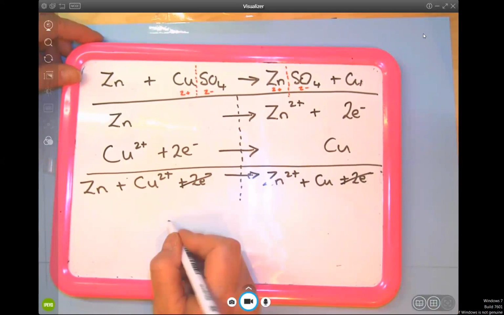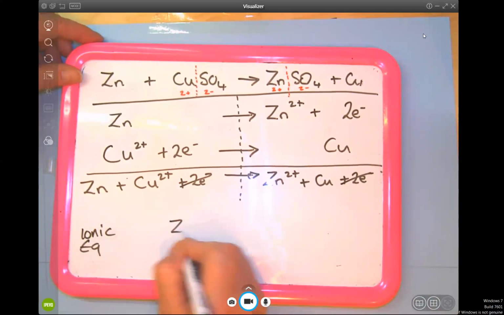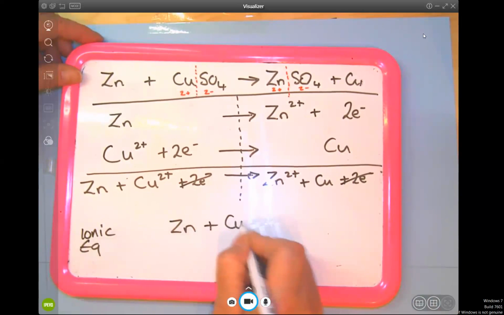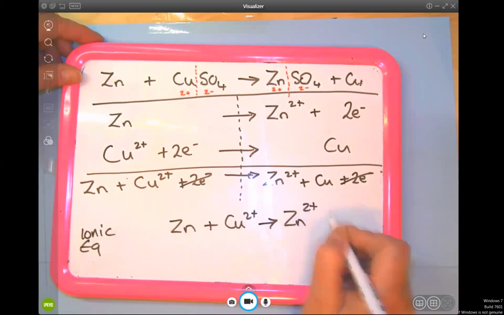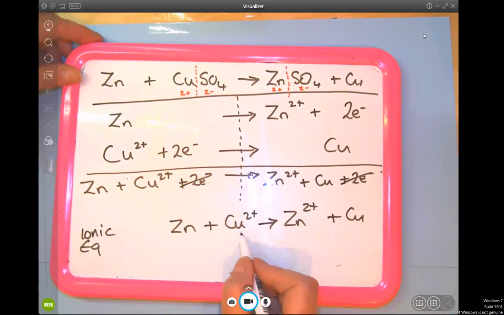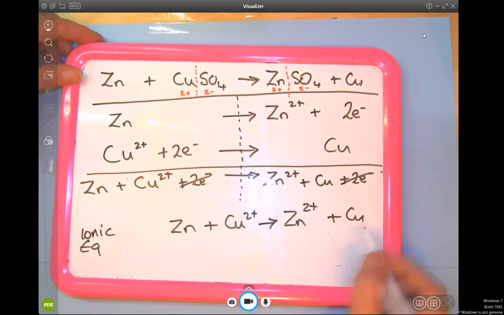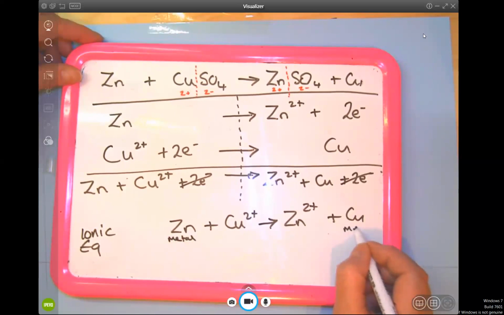So my overall ionic equation is zinc plus copper 2+ gives zinc 2+ plus copper. So the zinc is displacing the copper from the copper compound. It's becoming a zinc compound, and copper becomes a metal.